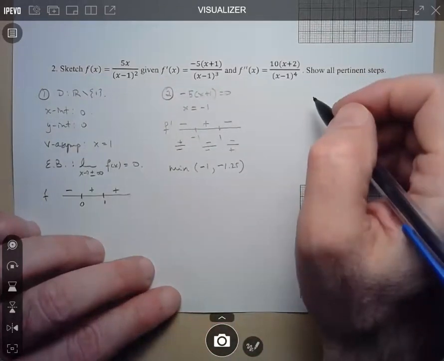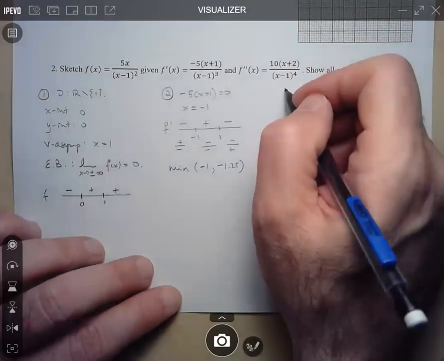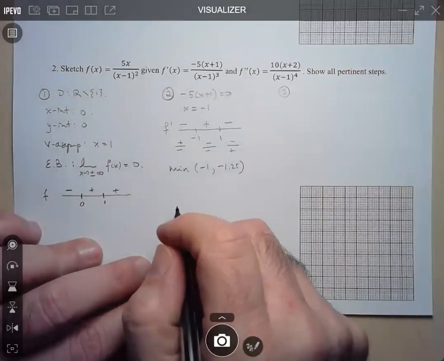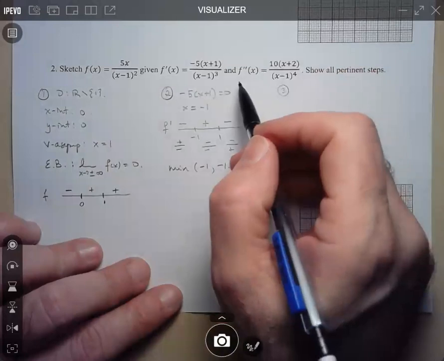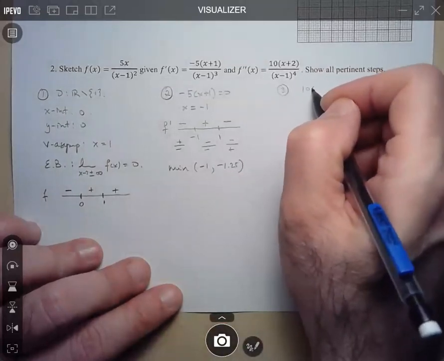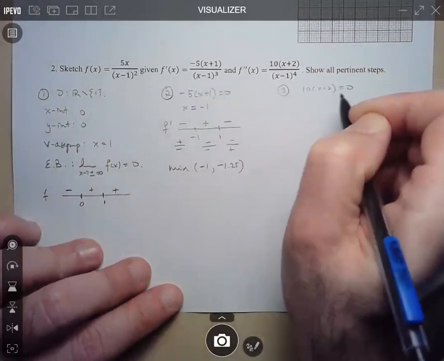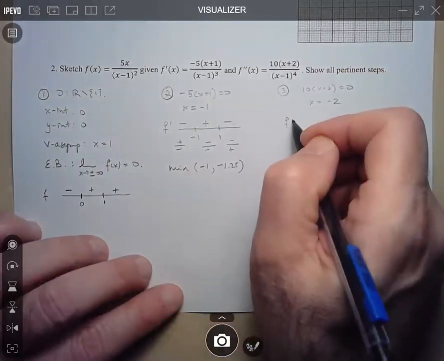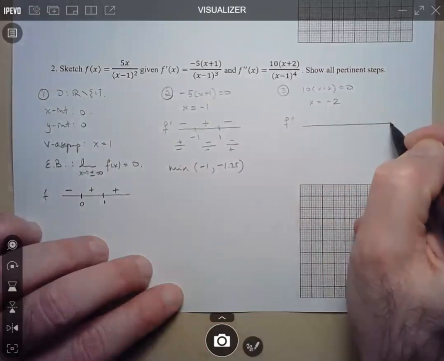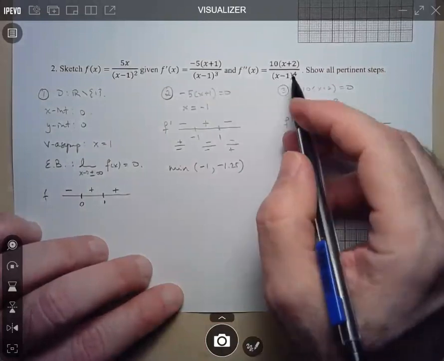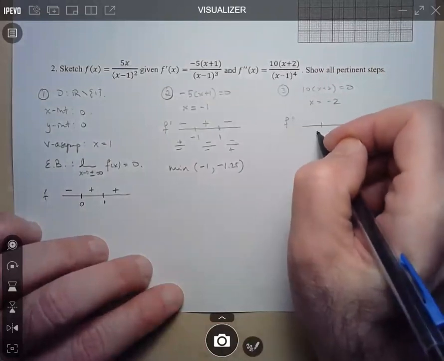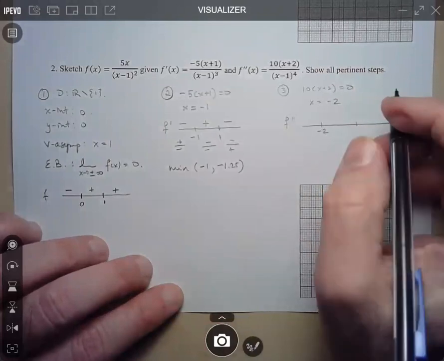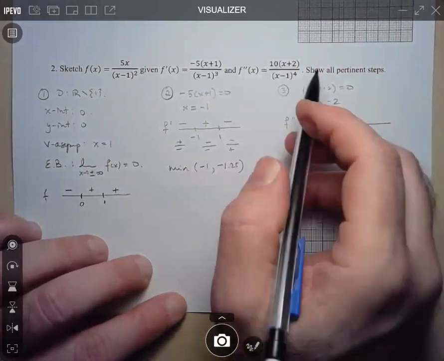Now, I'm going to do the same thing for the second derivative. So here, the only place the second derivative is equal to 0 is at x equals -2. Okay, but of course, as before on my number line, I will also include 1, so I can get an idea of concavity. Now look at that.